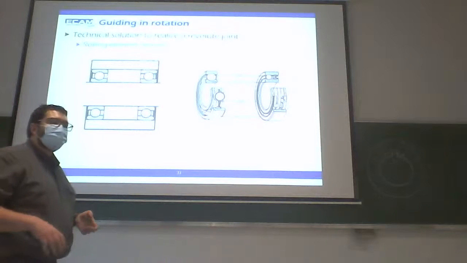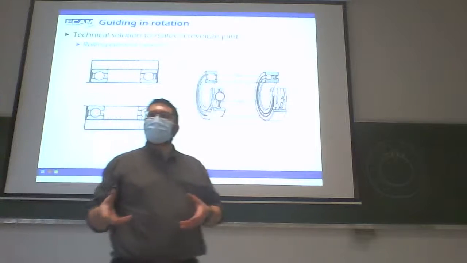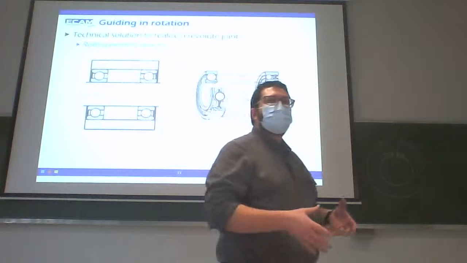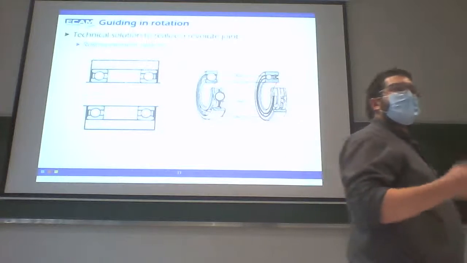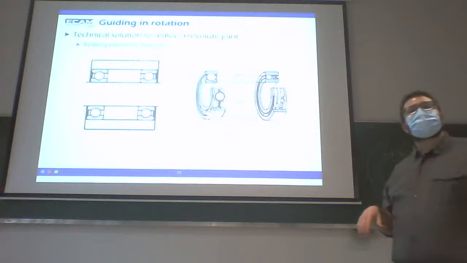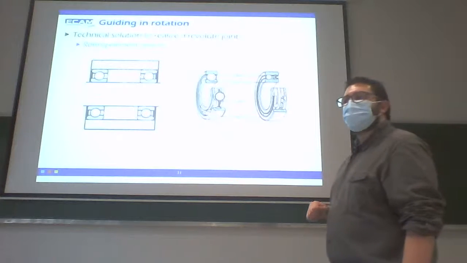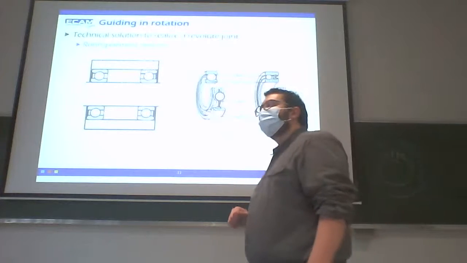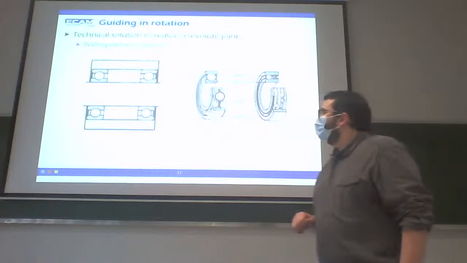So I need to use two ball bearings, but inside your kinematic analysis, two ball bearings are equivalent to one turning joint. Be careful with this.